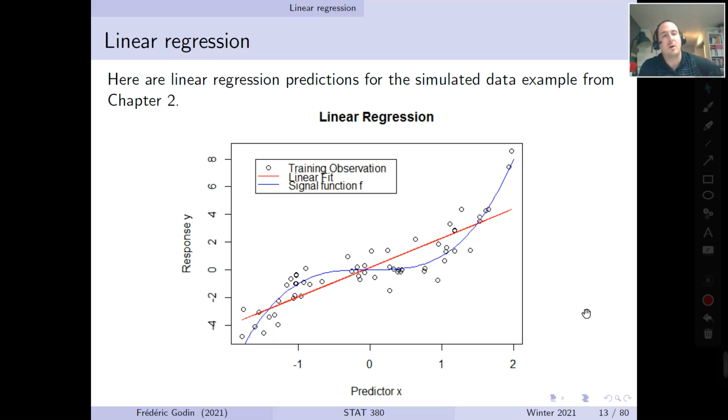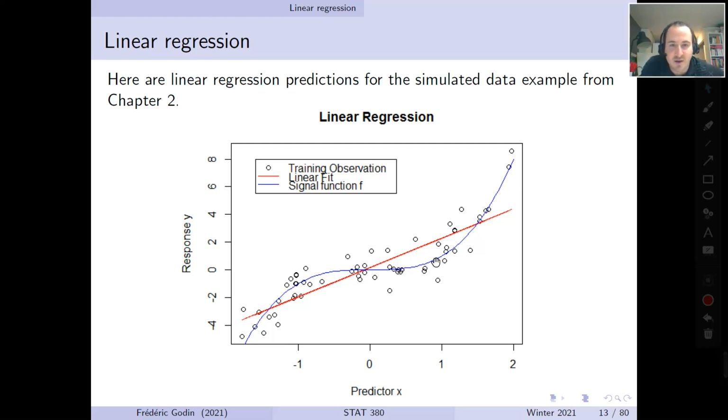So for example, if we go back to our chapter 2 example, where the true pattern is the x cubed function, if we try to fit a straight line here, we see that the overall direction makes sense, but our predictions would be inaccurate because we're unable to fully capture the curvature of the genuine pattern.